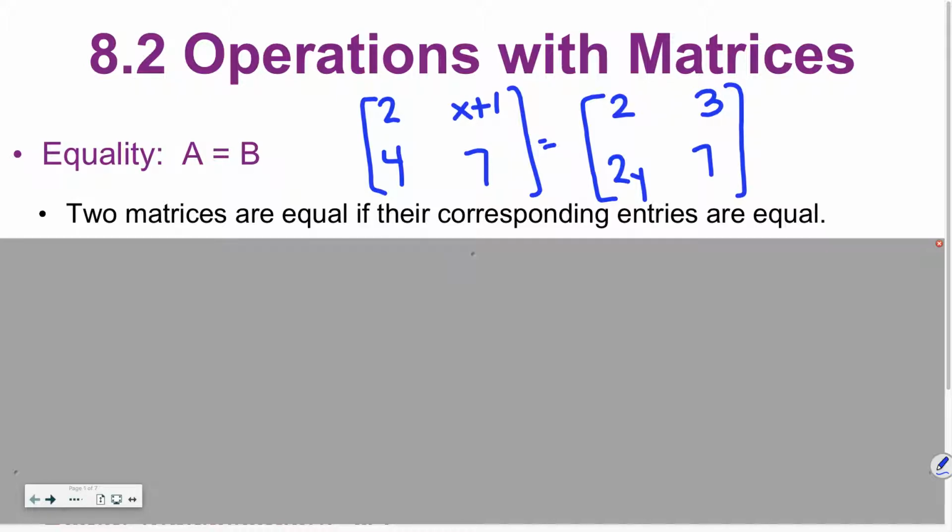Do you see how those 7s are in the same place and those 2s are in the same place? So if I wanted to figure out what x is, what would we have to do? Say that louder, Dallas. X plus 1 better equal 3. So what is x?